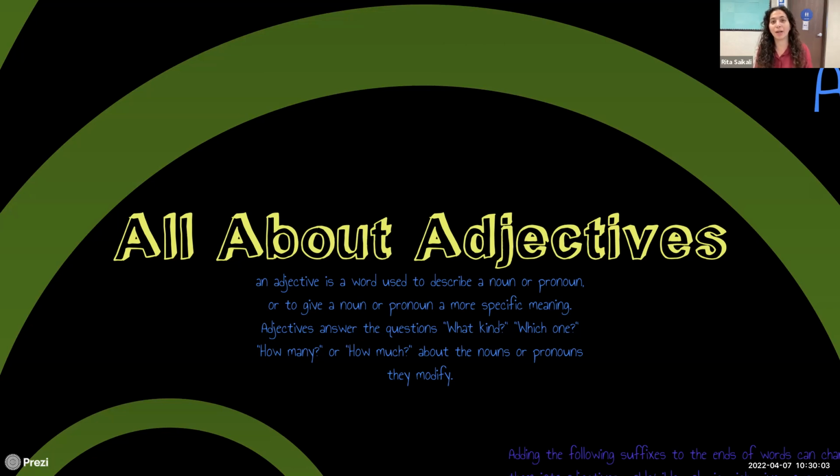So we say, okay, well, it's an iPhone. That would be a description of the type of phone it is. In our case too, when we're talking about adjectives, it is the same thing. We are using words that describe, that add to the description of a place, a person, or a thing.